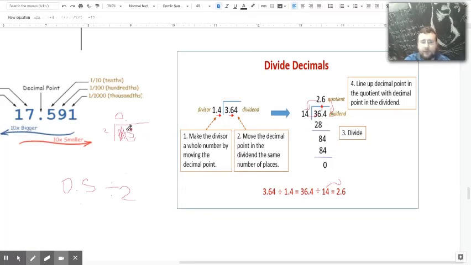And now that it's a 5, I can actually operate because this would just be 2 times 2 gives you 4. 5 minus 4 equals 1. Now I can add a 0 to keep going. And then 5 times 2 is 10. And that zeroes out. So my answer is going to be 0.25, right?